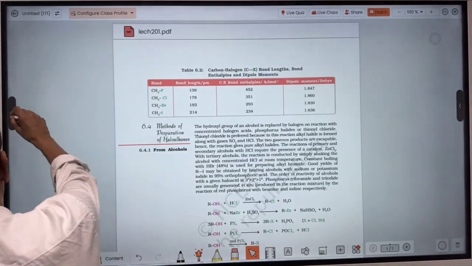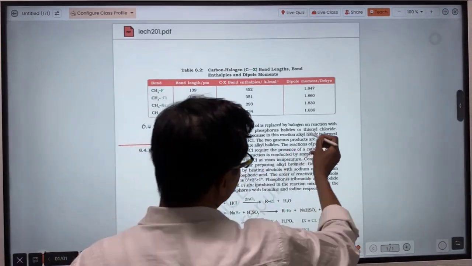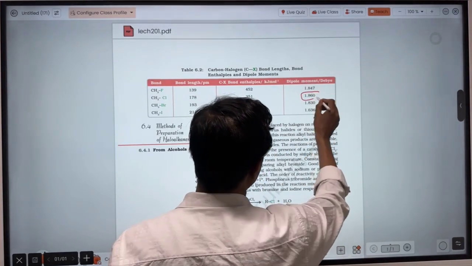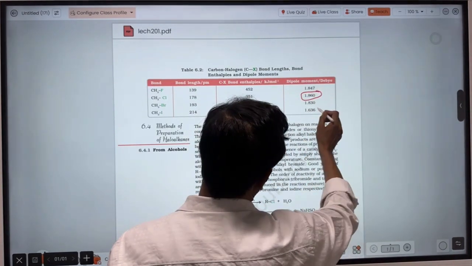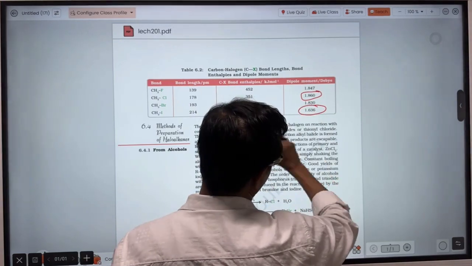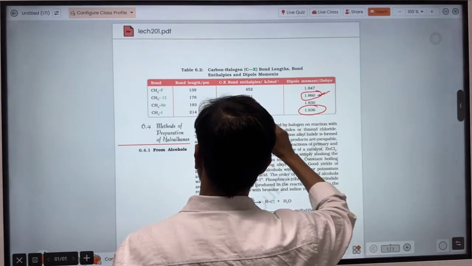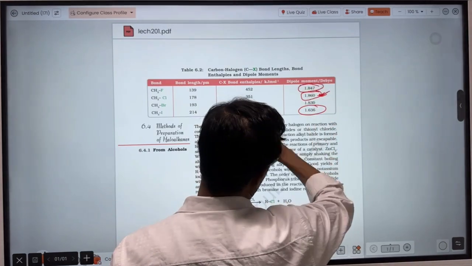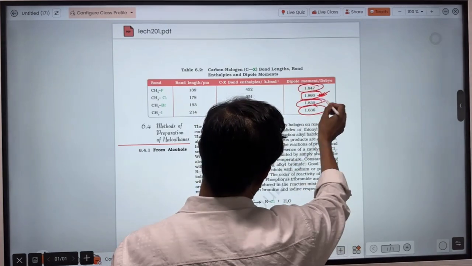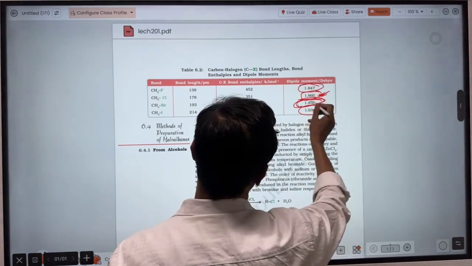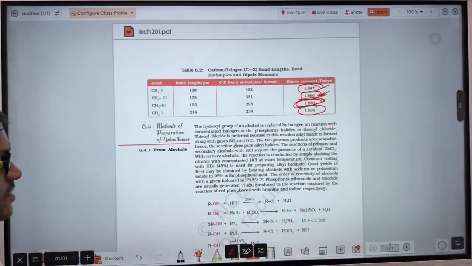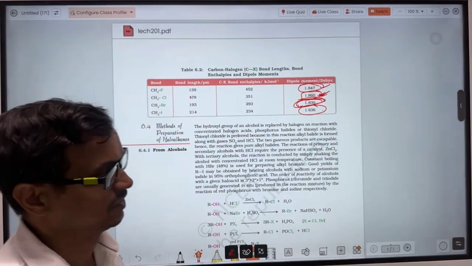The highest dipole moment is of CH3Cl and that of CH3I is least. So the dipole moment of CH3Cl is greater than that of CH3F as well as CH3Br. The dipole moment of CH3Br is less than that of CH3F also, which I have already discussed and which is verified here.